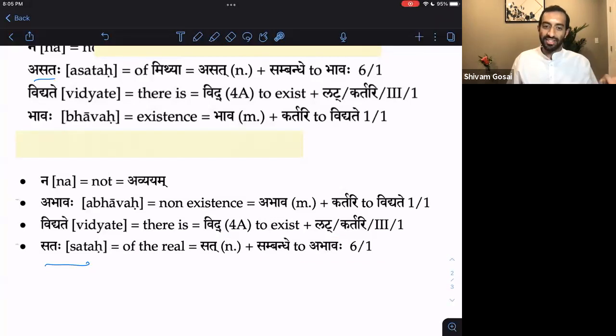There is not non-existence of the real. This is like a big puzzle. What is, it's like purnamadav purnamidam. Doesn't mean too much, but we wanted to see the Sanskrit of this right now, right? Vidyate na vidyate. There is not abhavaha na vidyate. There is not non-existence. Kasya sataha, of the real. There's not non-existence of the real. Okay.